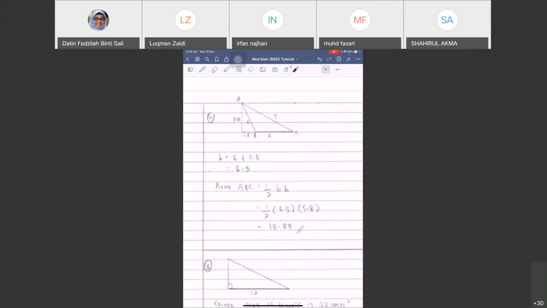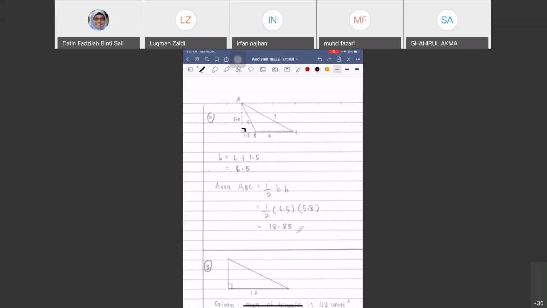So what is the area of the triangle ABC? You are given this type of diagram. You have a right angle triangle there. The height is 5.8.